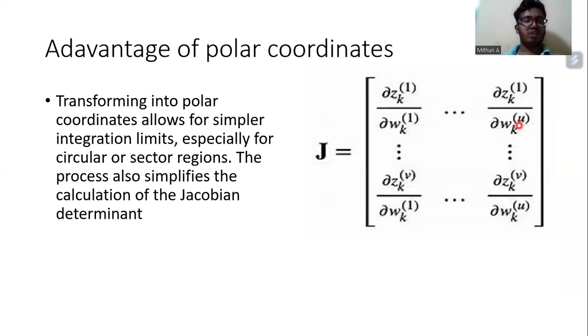Advantage of polar coordinates: transforming into polar coordinates allows for simpler integration limits, especially for circular or sector regions. The process also simplifies the calculation of the Jacobian determinant.